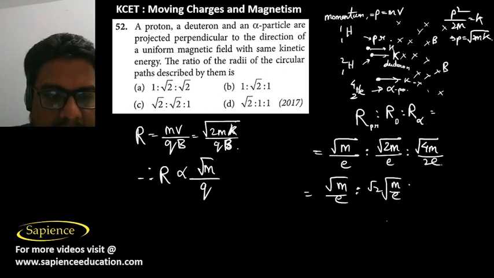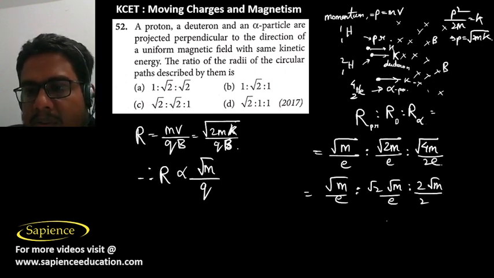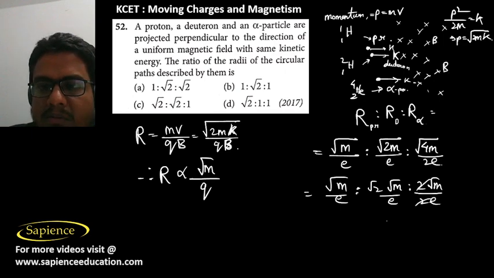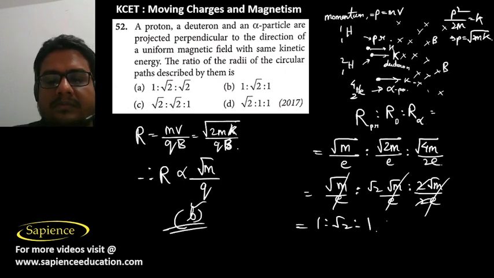Sorry, this is wrong. This is root 2 into root m by e, and this is 2 into root m by 2e. So 2 and 2 will cancel. So root m by e, if I cancel out, this comes 1 is to root 2 is to 1. So option B is the correct answer.